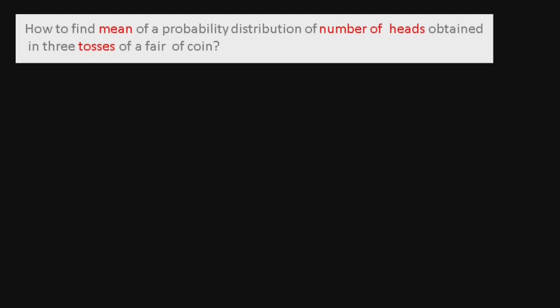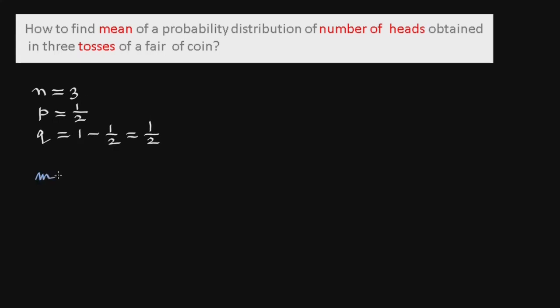Tossing of a coin is related to binomial distribution because there are only two outcomes, heads or tail. Here there are three tosses, which means n is 3. The probability of head, say P, will be half, and that of tail, which is Q, will be 1 minus half, half.